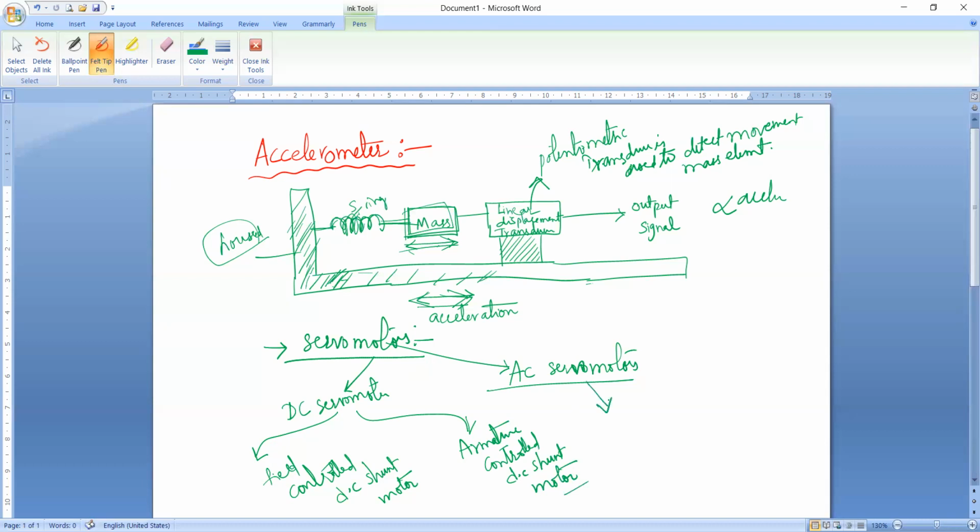And this comes under the AC servo motors: the AC squirrel cage servo motor.